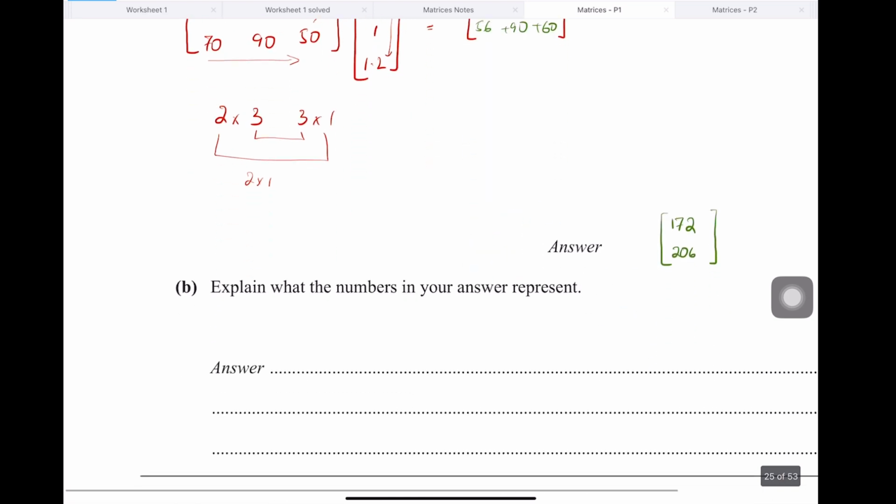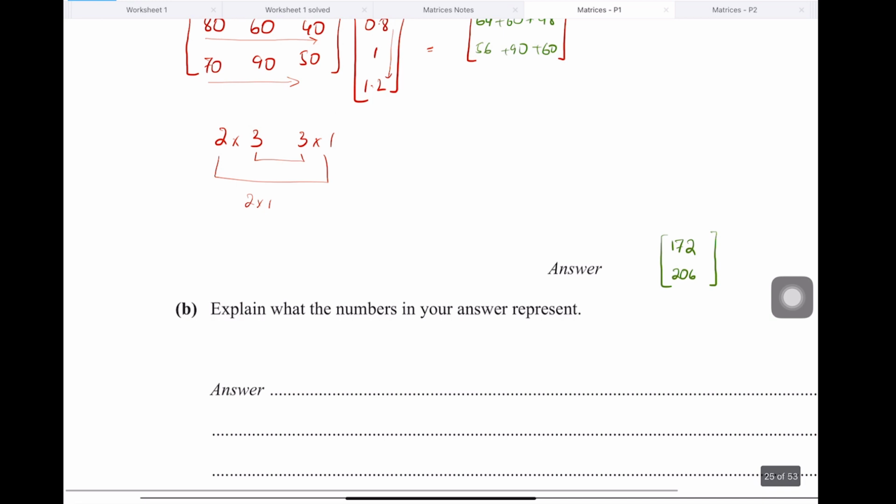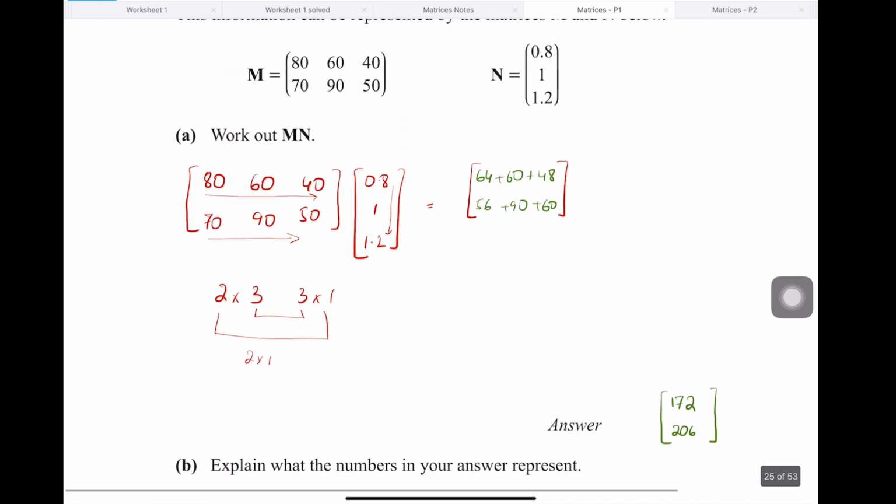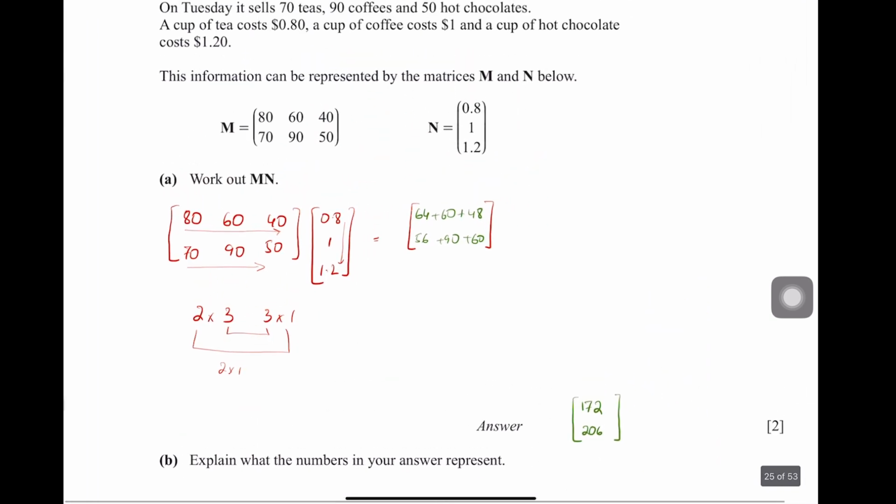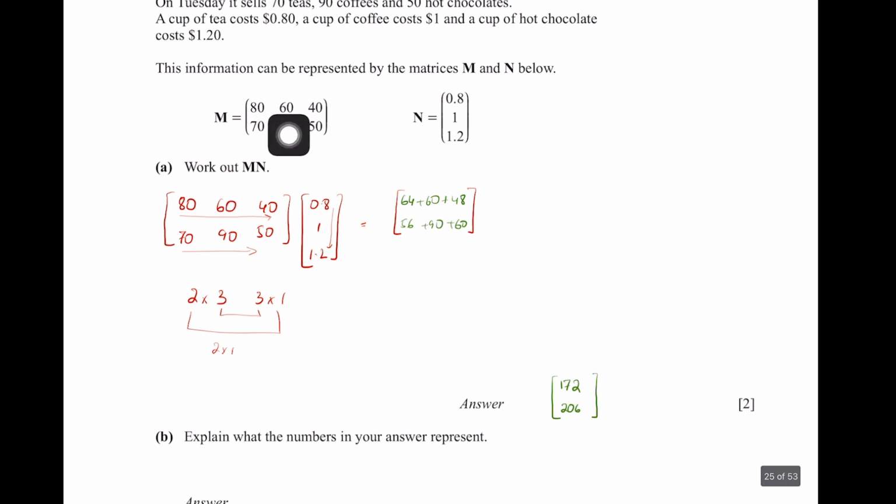Then comes part B, which says explain what the numbers in your answer represent. So let me ask you guys, 80, 60, and 40 were the number of teas, coffees, and hot chocolates sold on Monday, respectively. And these are the numbers sold on Tuesday. We're multiplying them by the amount that they cost, and this is what we end up with.